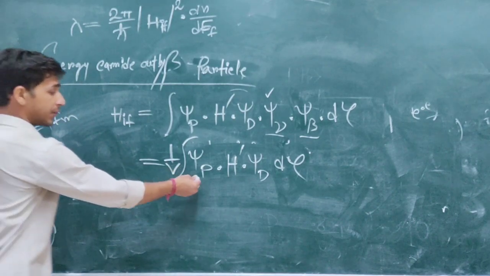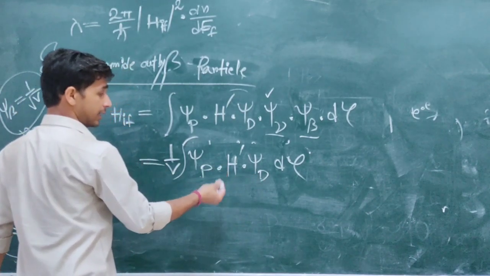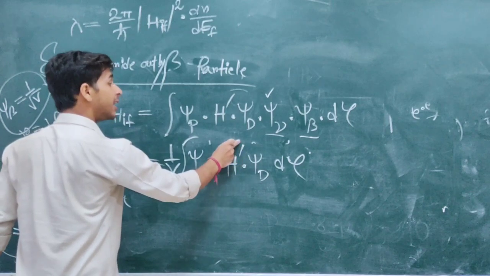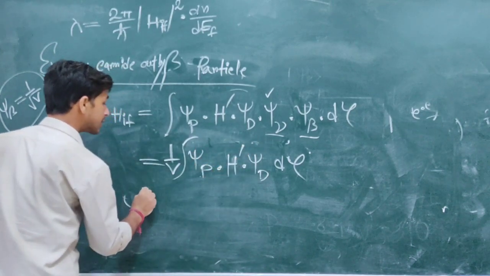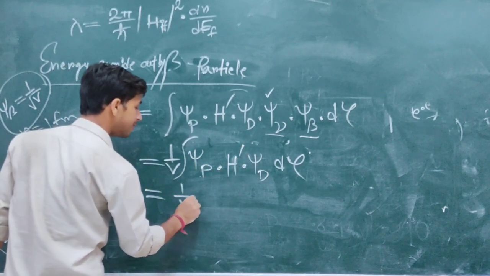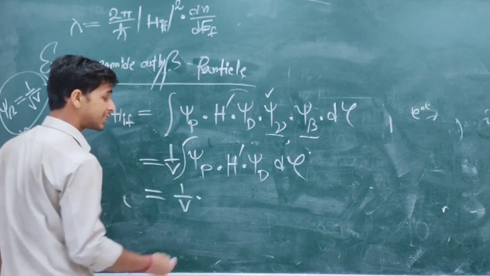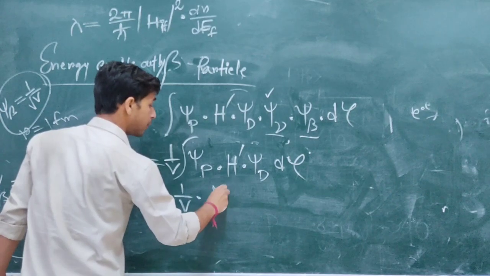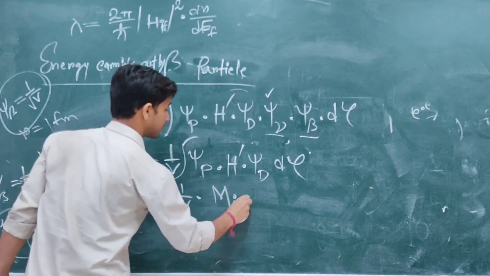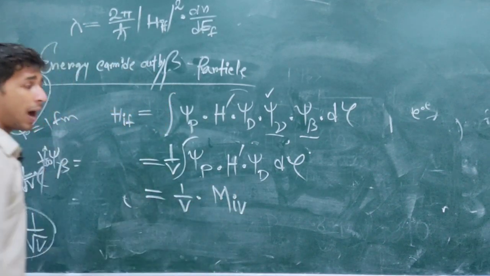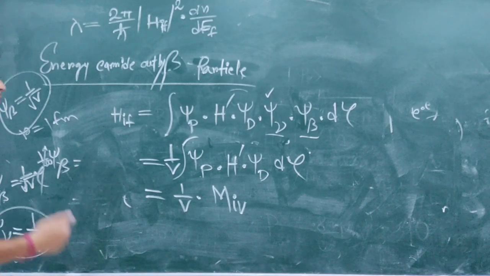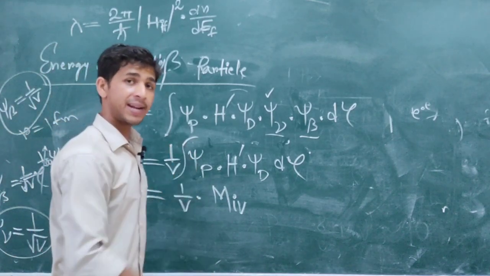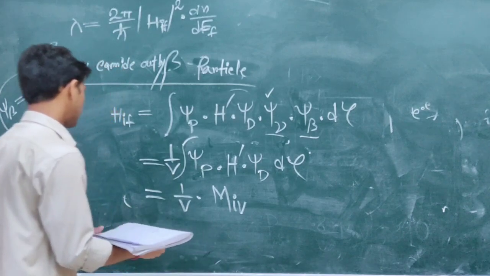So this psi_p and psi_d integration with the perturbed Hamiltonian will give us the result 1 divided by V as it is, and this whole term will give us a result denoted as M_if, and this M_if can be calculated if we know the wave function for parent and daughter nuclei.